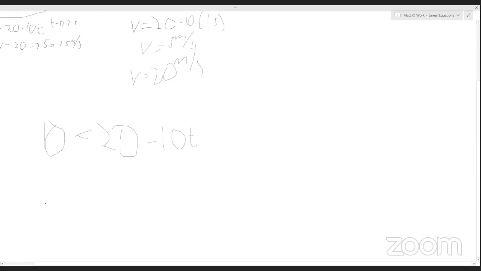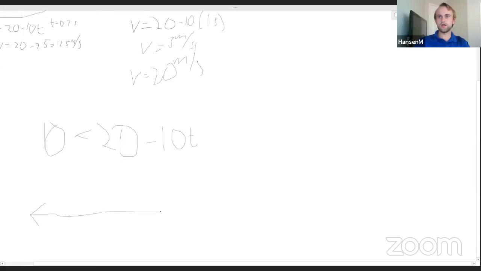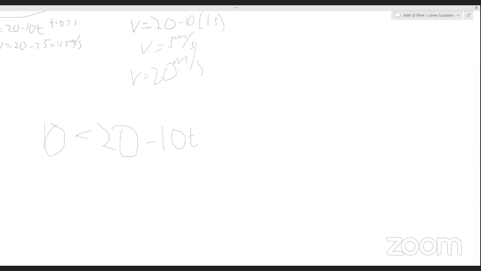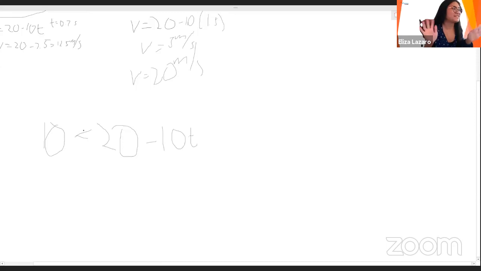Helps me separate my problem. Like a vertical line down the middle to separate the sides, like how you're looking at a regular equation, right? Yeah.